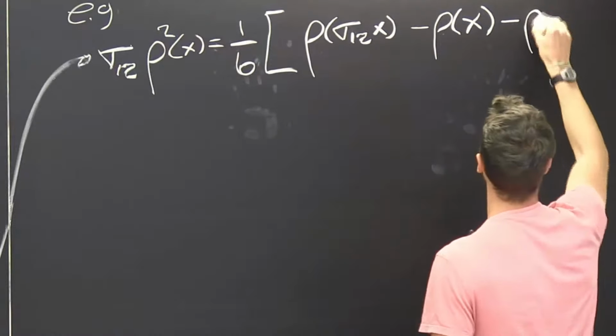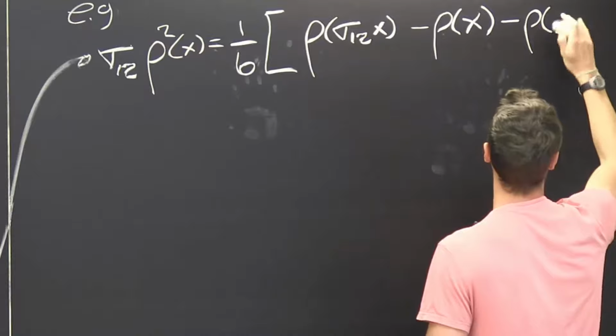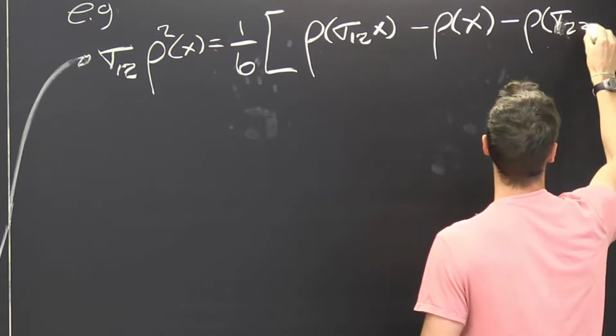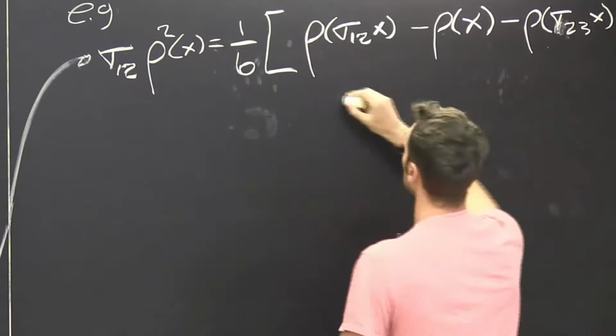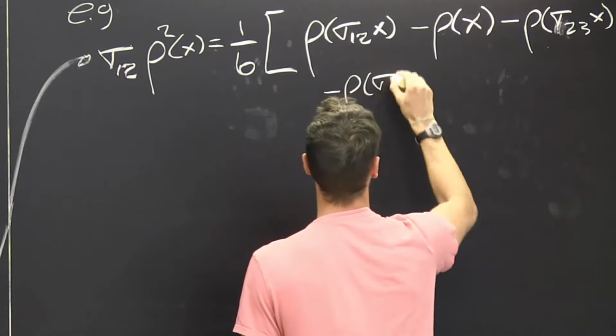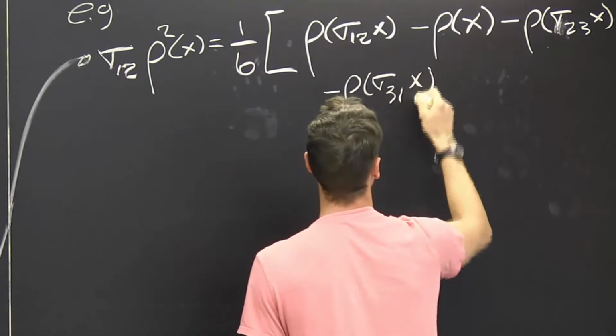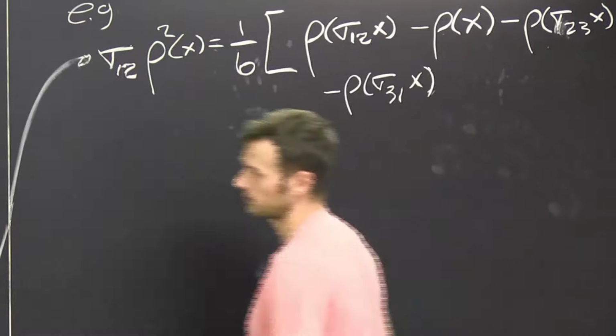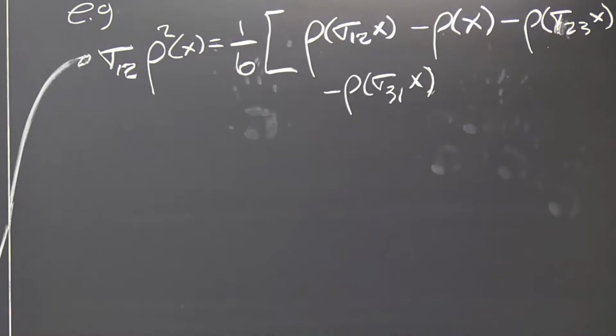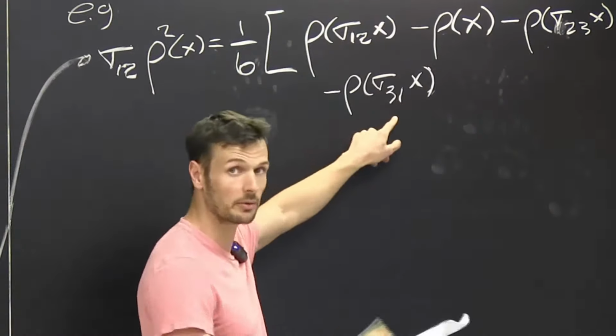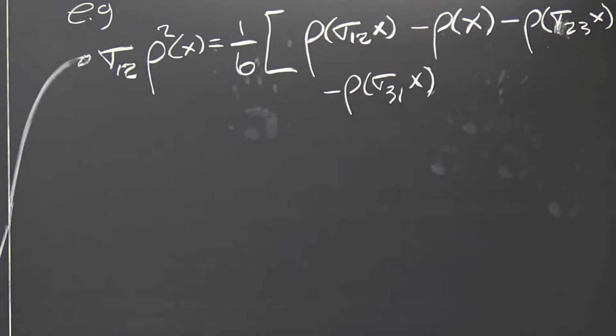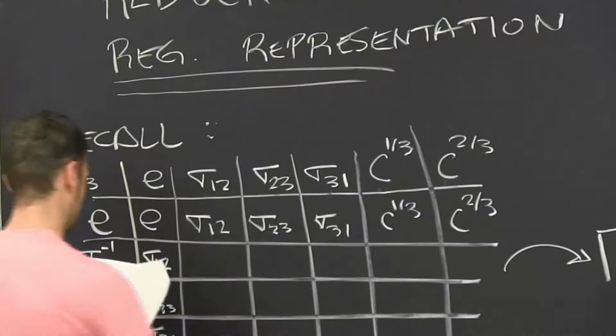So this would be rho of sigma 2, 3 x minus rho of sigma 3, 1 x. And then, yeah, you're right. I've messed this up. That makes sense. I probably should fill this out and it would help. Then let's just fill this out.